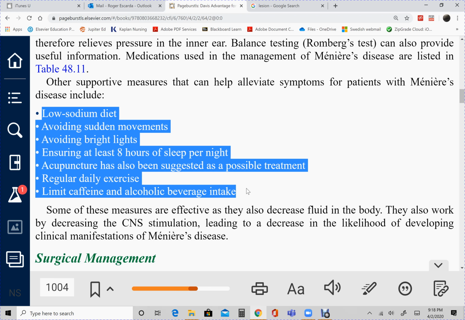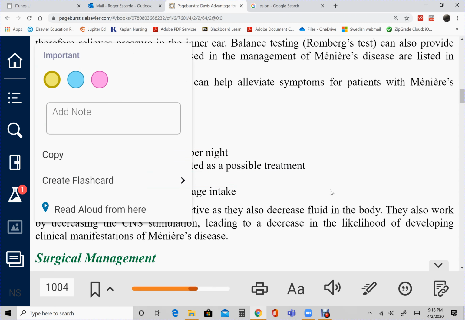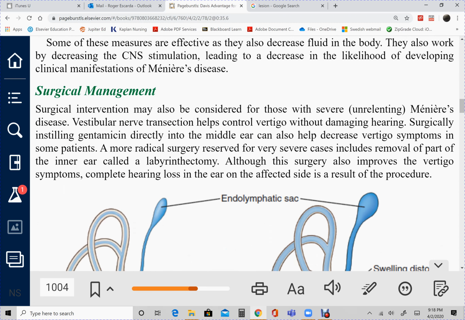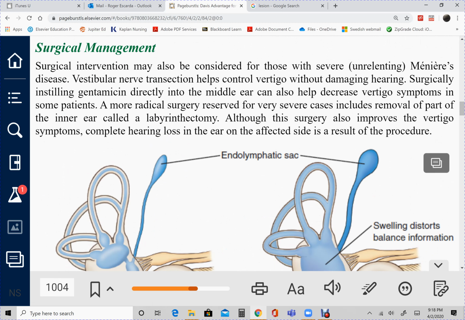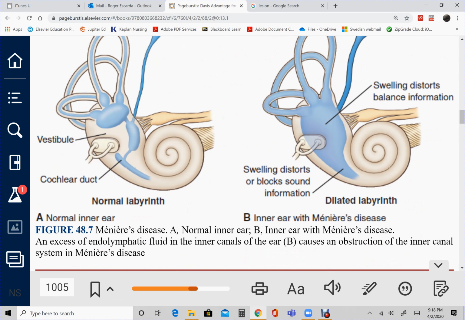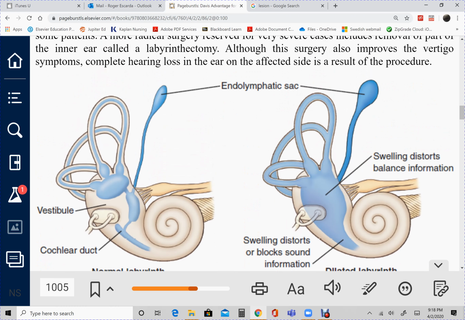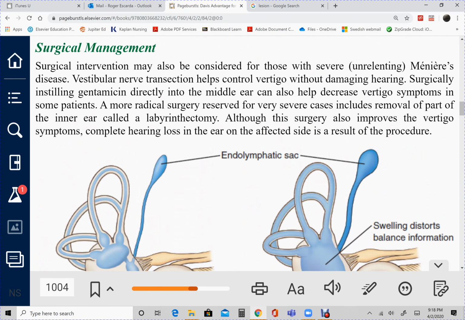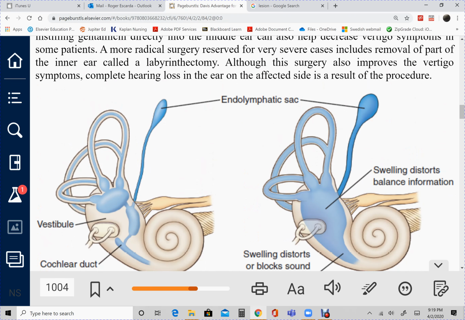It doesn't say smoking, but I don't think it will hurt if you stop smoking, because that was mentioned under Vertigo. For severe cases, they will consider labyrinthectomy. Okay, this will help relieve the symptoms, or at least decrease the frequency of the symptoms.